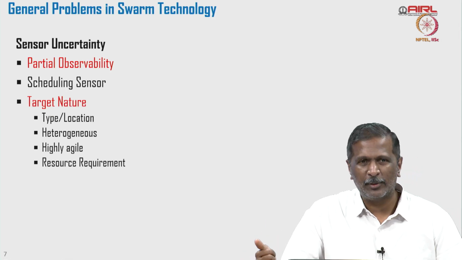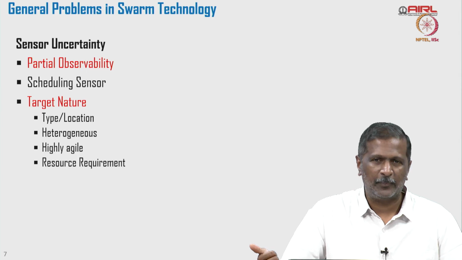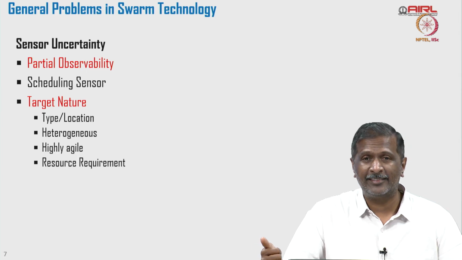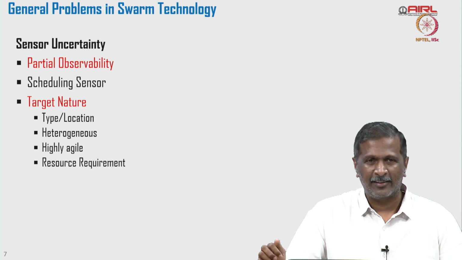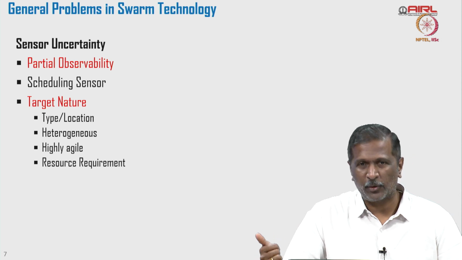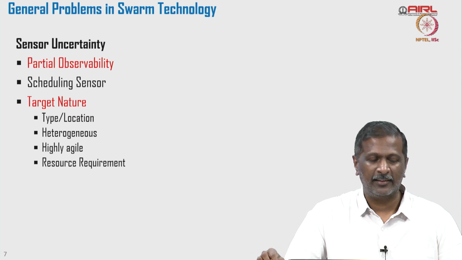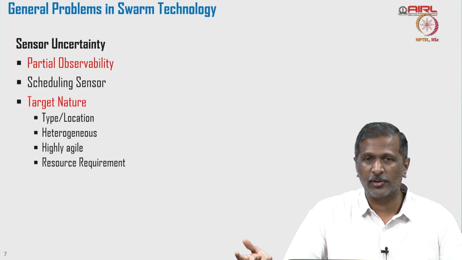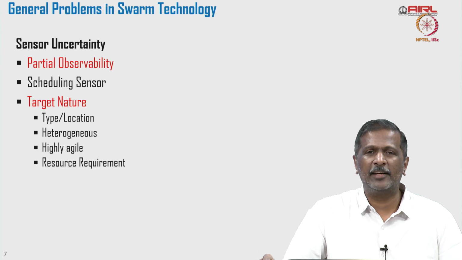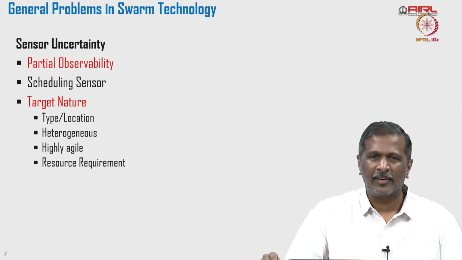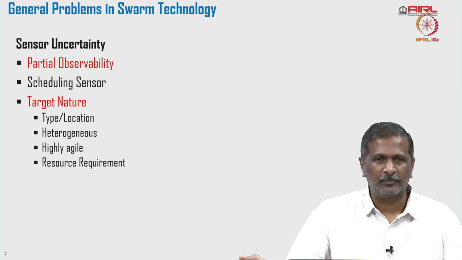Why? Because we don't know the target. We don't know the target nature to be precise. Based on the type or location, it will be different. The target could be heterogeneous in nature, meaning heterogeneity could be in terms of the speed at which it is moving, or the direction at which it could move.